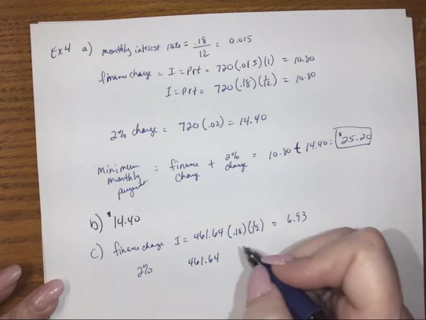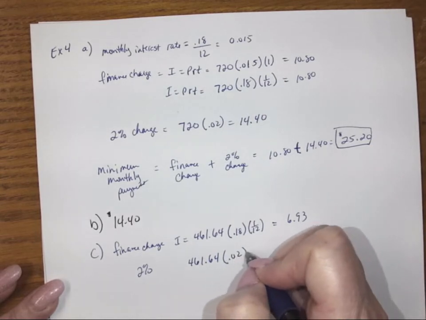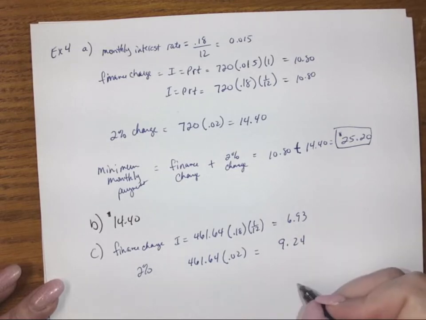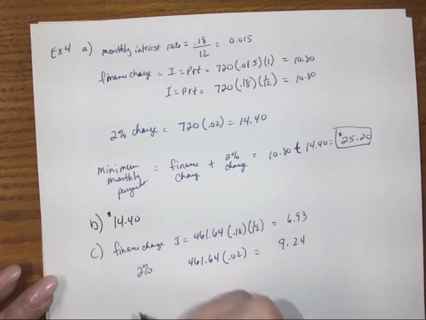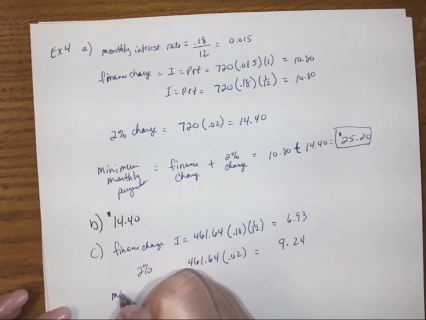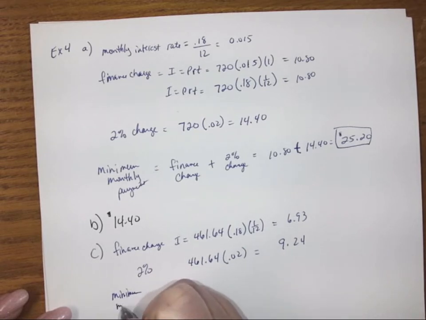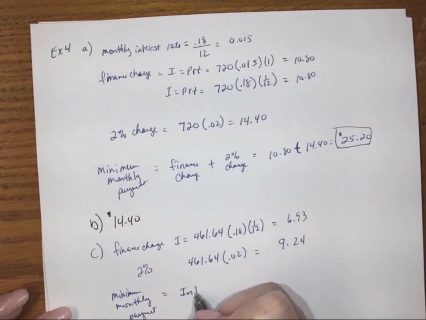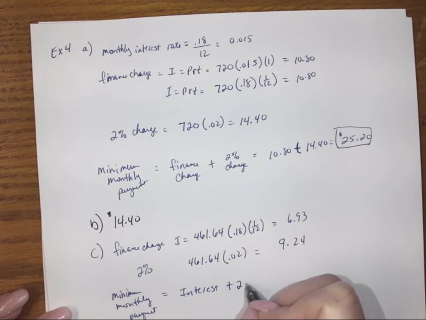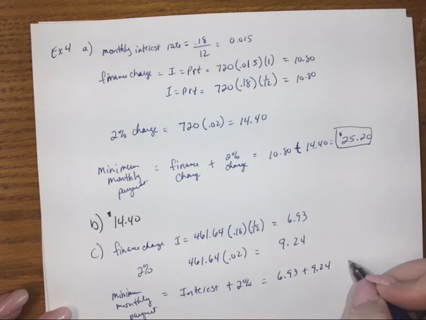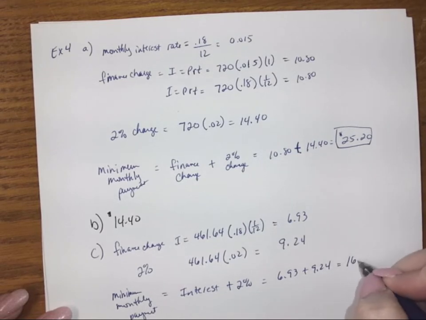The 2% will be 461.64 times your 0.02, which will get you $9.24. So for the minimum monthly payment, it is going to be equal to our interest plus the 2%, which will be 6.93 plus 9.24, which will get us $16.17.